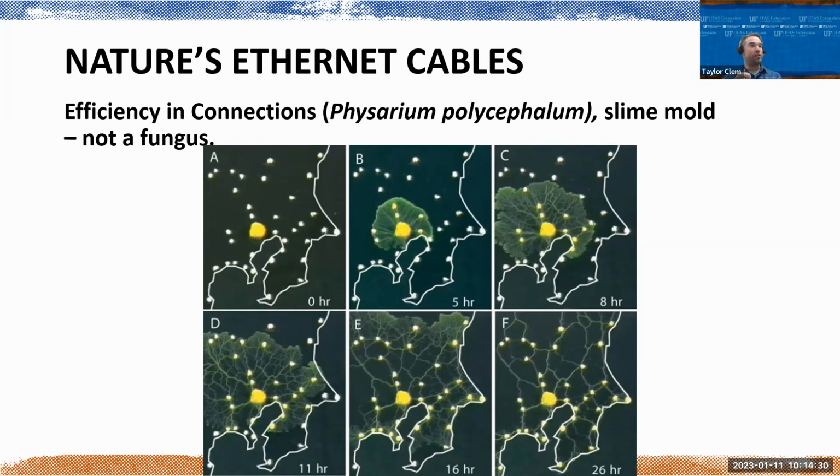The Tokyo Regional Transportation Network was recognized as the most efficient network in the world. This slime mold, that yellow dot, that's Tokyo. All the little food dots around it, those are major hubs around Tokyo, like population centers.